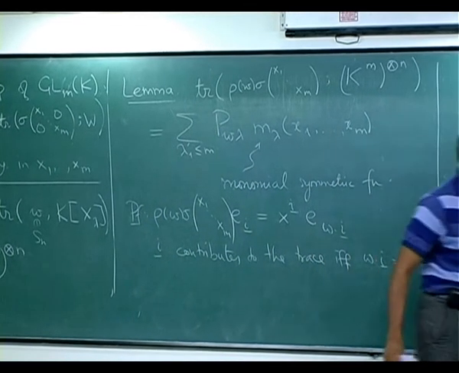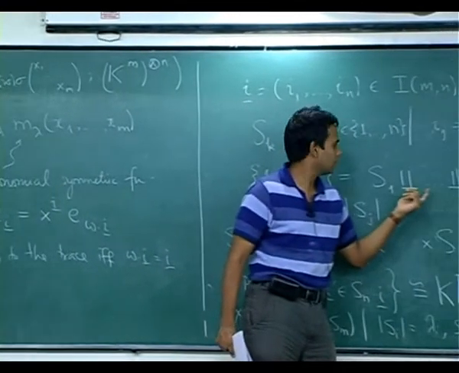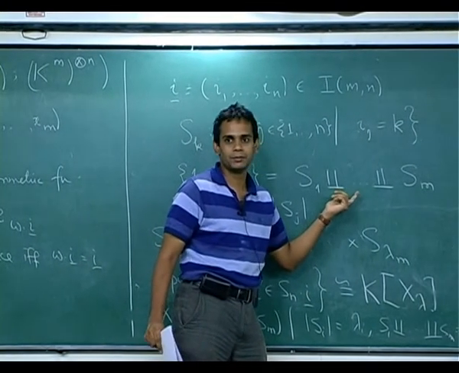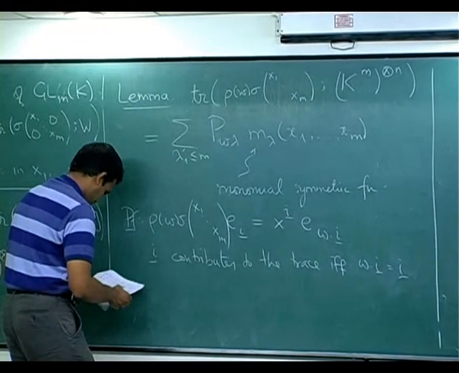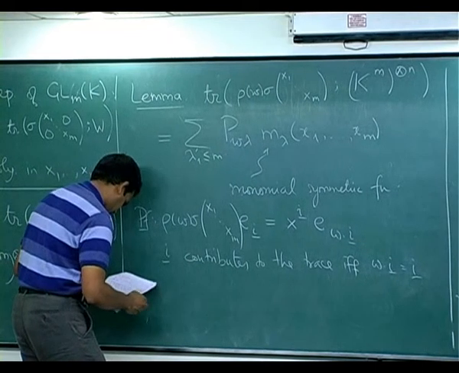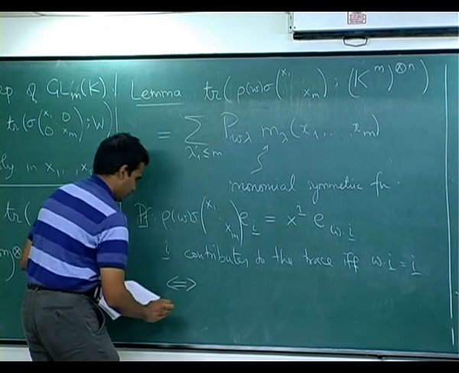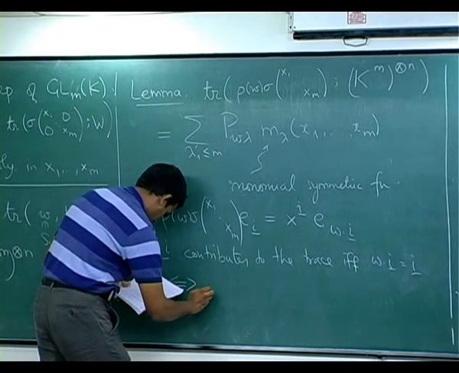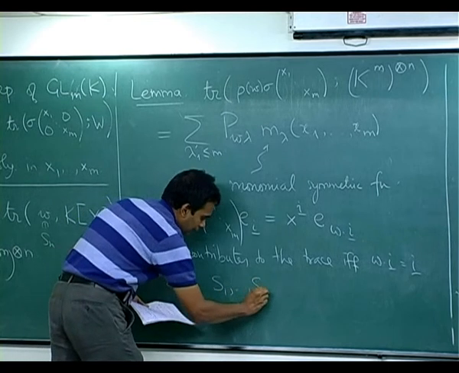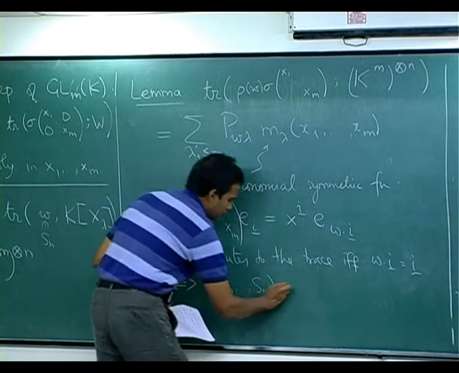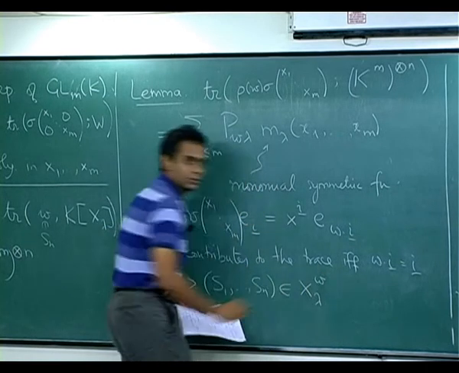It just means that the parts of this partition are preserved by w. That is, if and only if S1, S2, ..., Sn, which is of course in X lambda, is fixed by w.